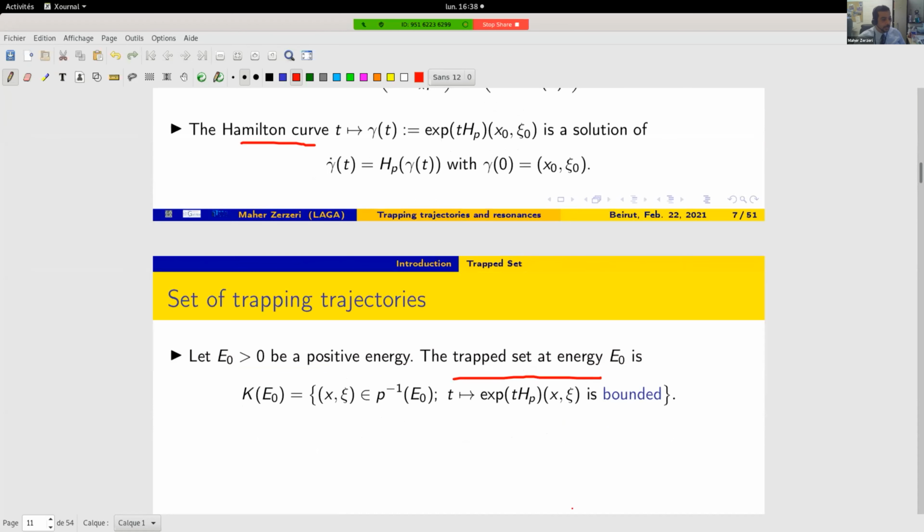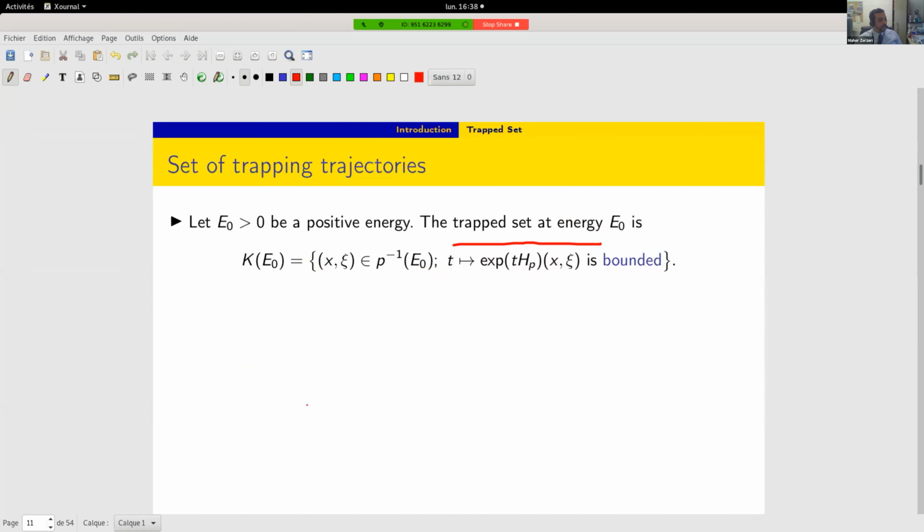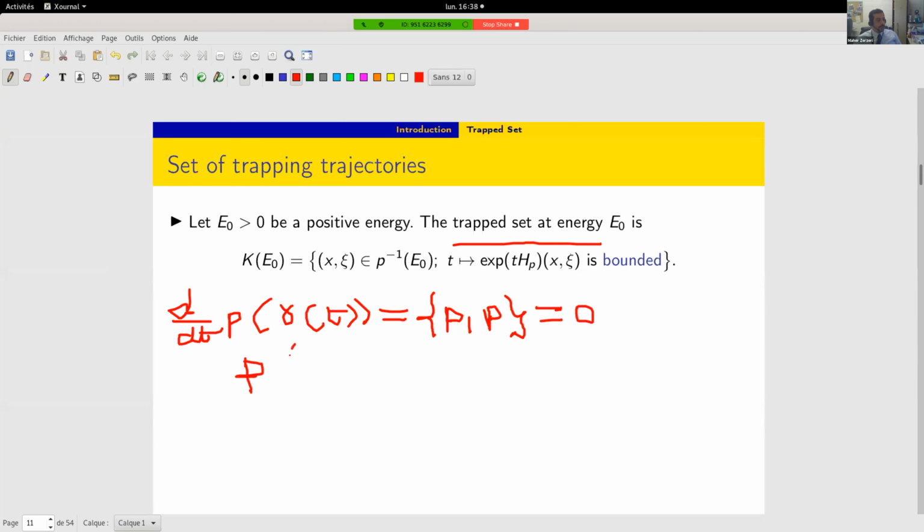For the moment, please give me two minutes to explain two very important facts. If you take the derivative of p along a Hamiltonian curve, this is essentially the Poisson bracket of p with p, and this is 0. So p on the Hamiltonian curve is a constant.